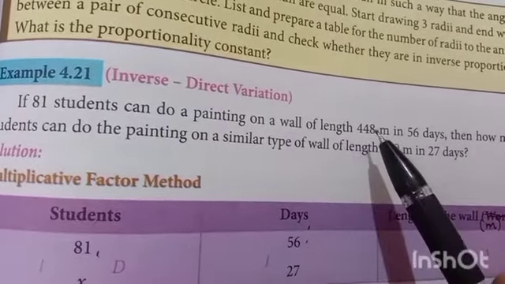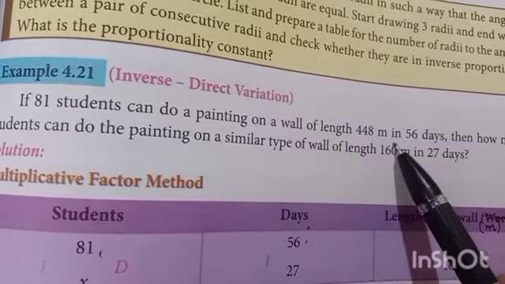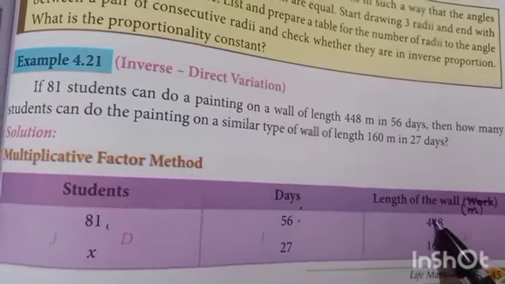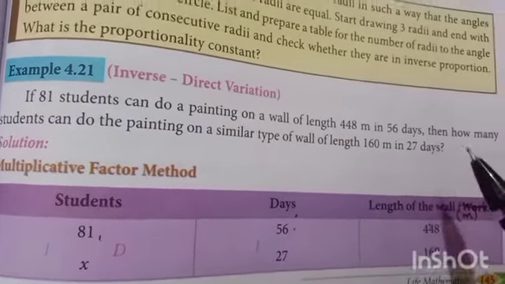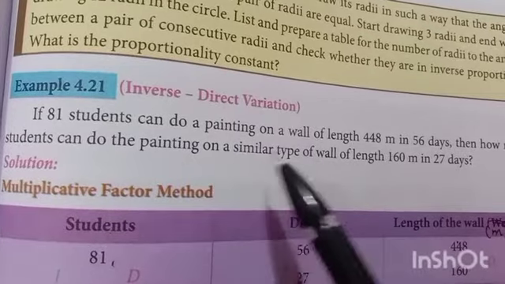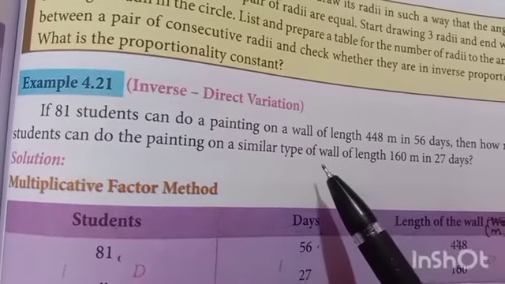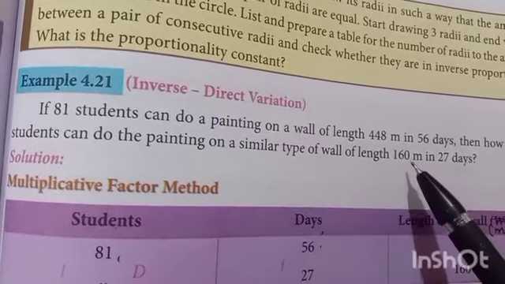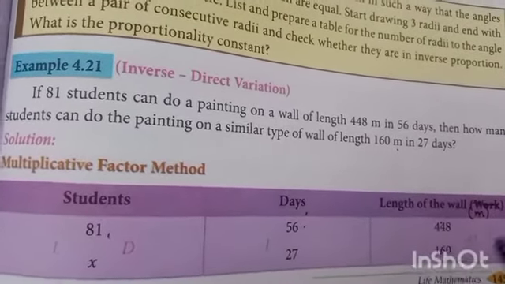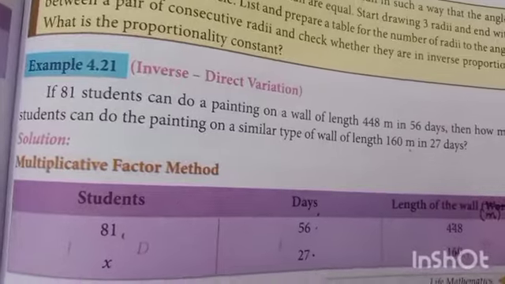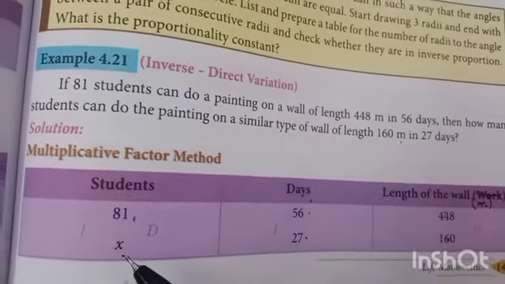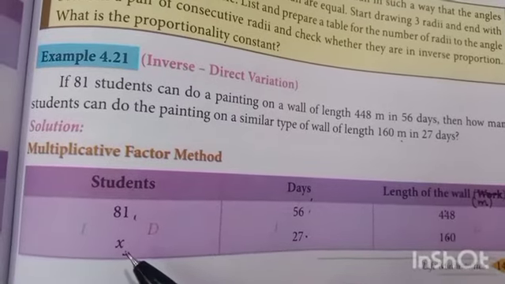The length of painting is 448 meters. So you mention that here. The first detail is mentioned. The second detail: how many students can do the painting on a similar wall, the same wall of length 160 meters? Days 27. We want to find how many students worked. That we want to find.